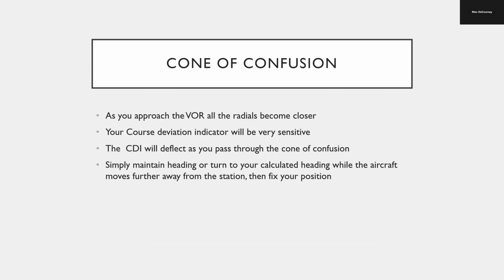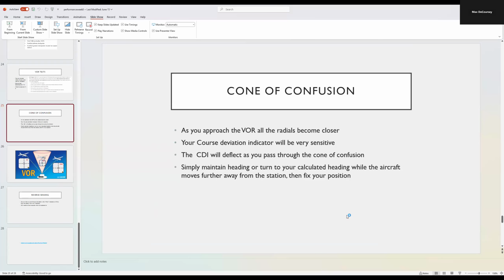The cone of confusion. This is an error that VORs have. What happens is as you approach the VOR, the radials become closer. So it's easier to draw this out.